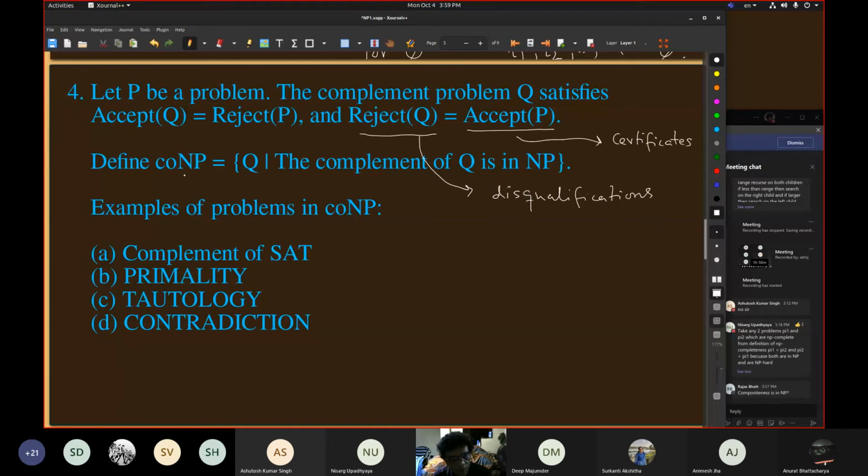So all problems in co-NP are characterized by the existence of polysized disqualifications.